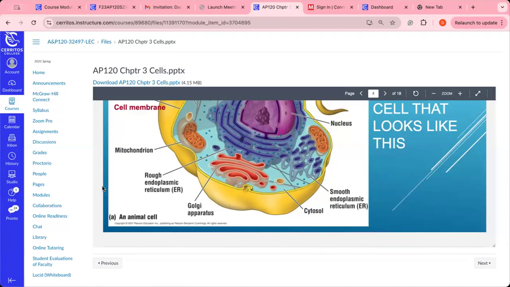And then you have the cytosol. These are animal cells because they only have one wall. Plant cells have a double wall usually.